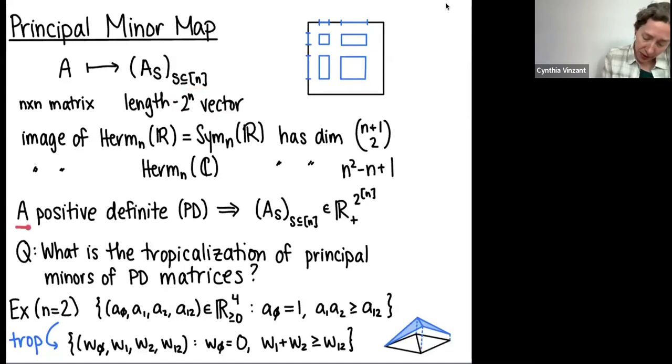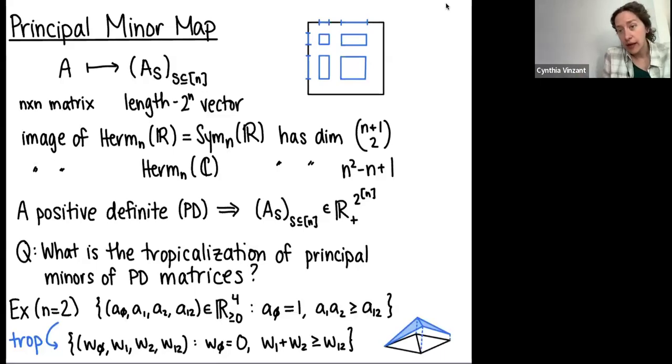In particular, if you start with a positive definite matrix, a matrix all of whose eigenvalues are positive, or equivalently all of whose principal minors are positive, then when you record this vector of principal minors, you already land in the positive orthant.